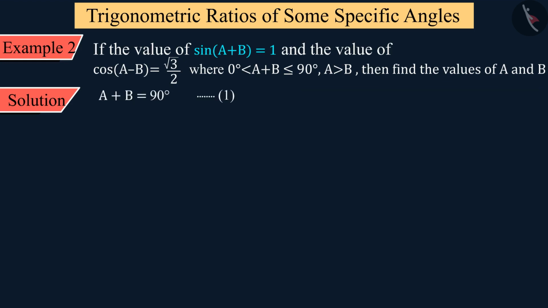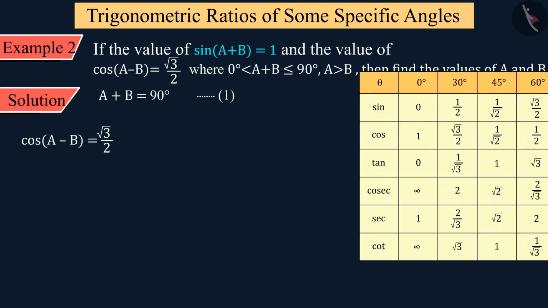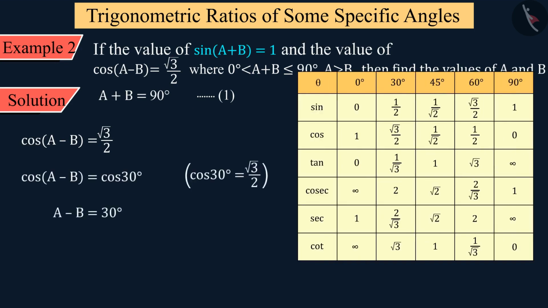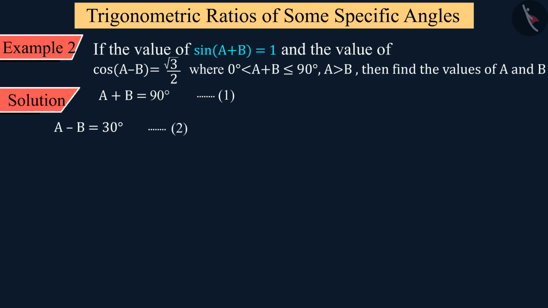Similarly, for cos(A minus B) equals square root of 3 upon 2, with the help of the table, according to the above situation, the value of A minus B is obtained as 30 degrees, which is shown by equation 2. Since we have to find the values of A and B, we add equations 1 and 2.